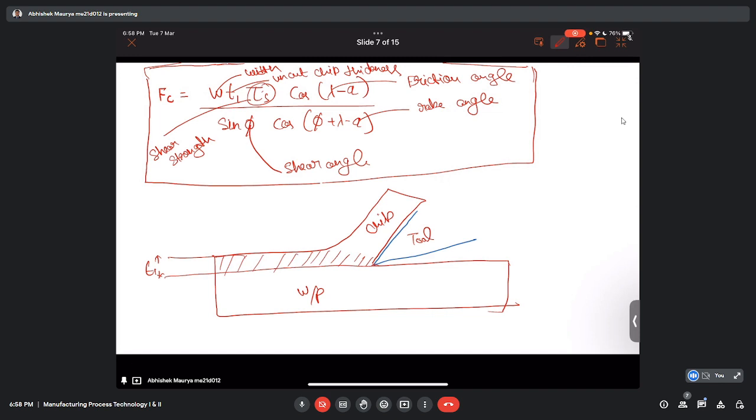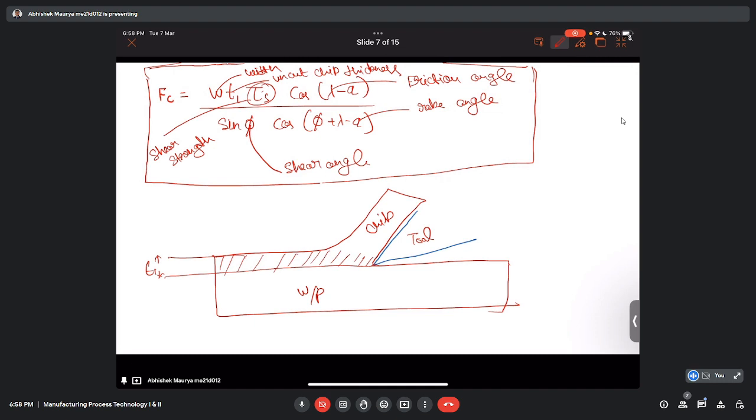Either we can take a small rake angle, or a large positive rake angle, or a more negative rake angle. So chip behavior can change from ductile to brittle.